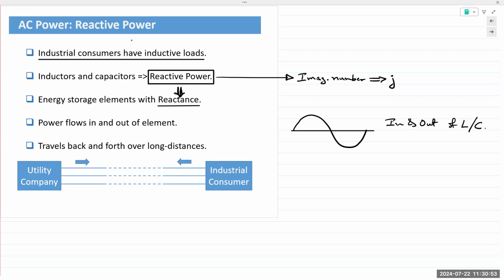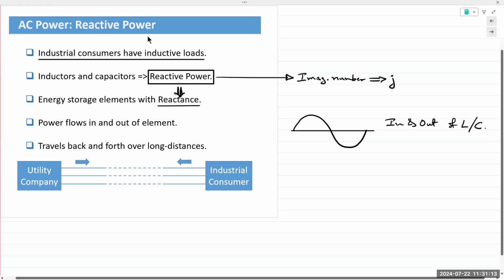Now imagine if that circuit is not localized, meaning your source and your load, which is the inductive machine, are hundreds of miles apart. What happens then? Then the voltage or current is being transmitted over very long distances, meaning in the positive half cycle, energy flows from the utility company all the way to the industrial customer.